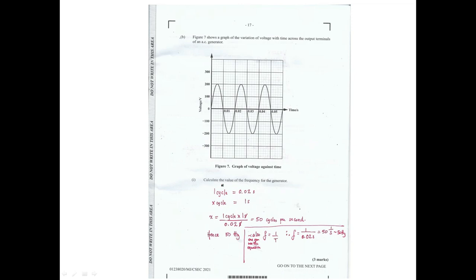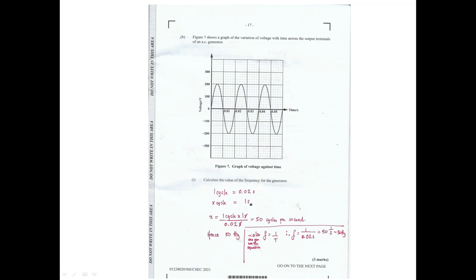Or you could reason it out, like if 1 cycle is produced in 0.02 seconds, we know a frequency is considered to occur when, how many cycles pass in 1 second. That's what we consider a frequency.